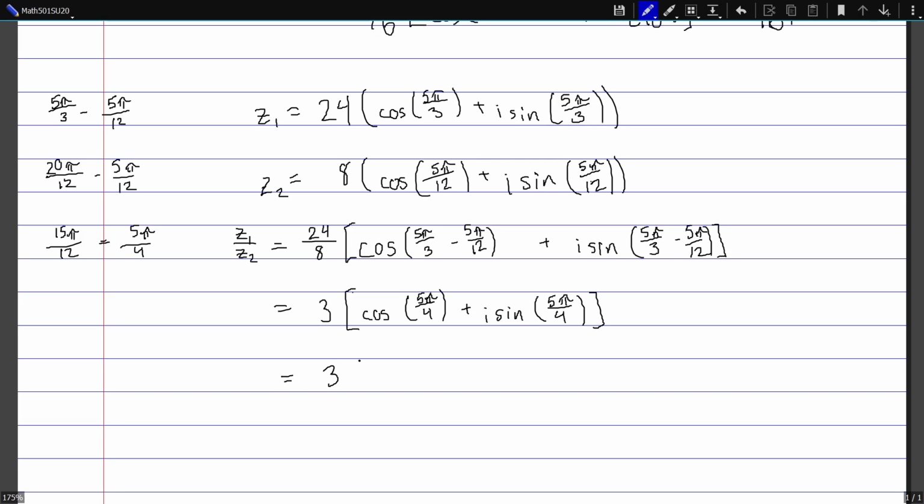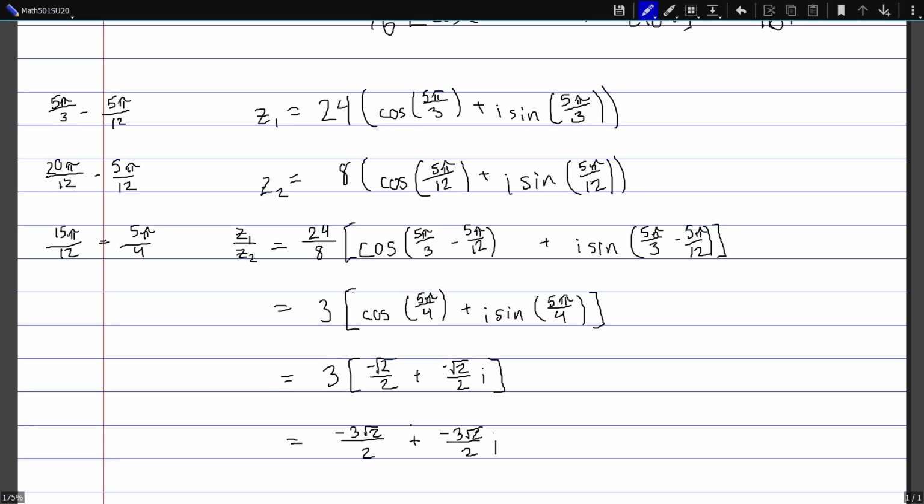So this becomes 3 times negative square root of 2 over 2 plus negative square root of 2 over 2 i. And then we just need to distribute the 3 to both parts to call it done. This is going to be negative 3 square root of 2 over 2 plus negative 3 square root of 2 over 2 i. You can write this as minus 3 square root of 2 over 2 i if you prefer. This is just a personal preference on how I like to go ahead and do it.